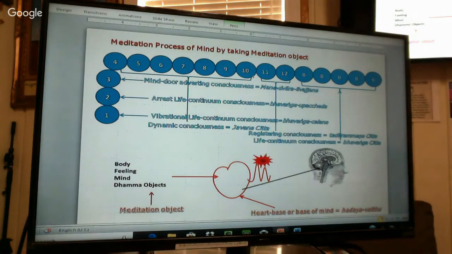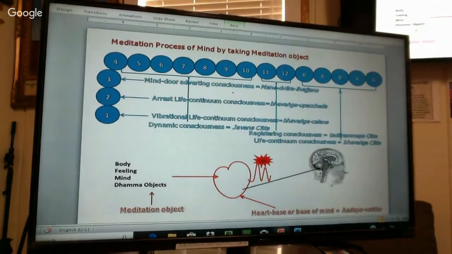So it depends on many conditions. You may need just one thought process, or maybe many times, again and again. It's the same when you practice vipassana.